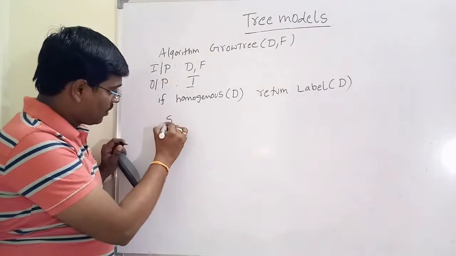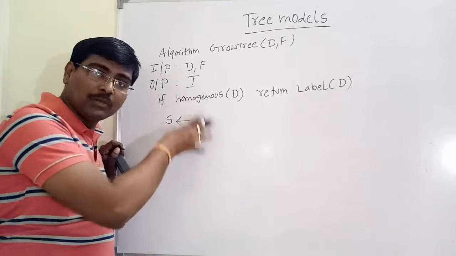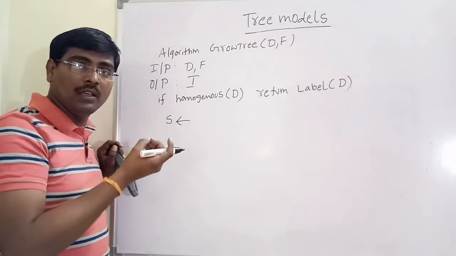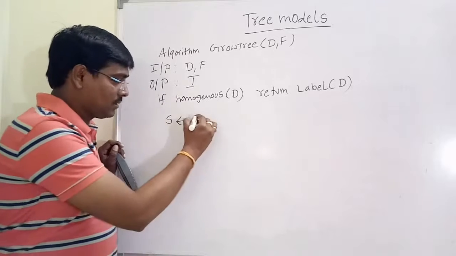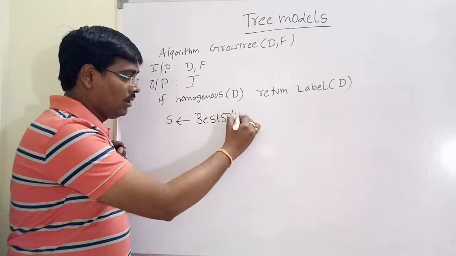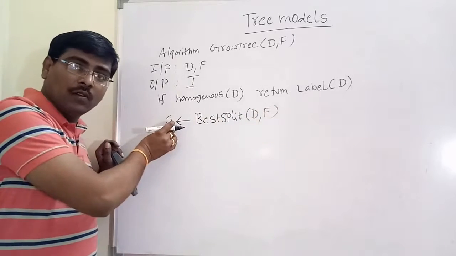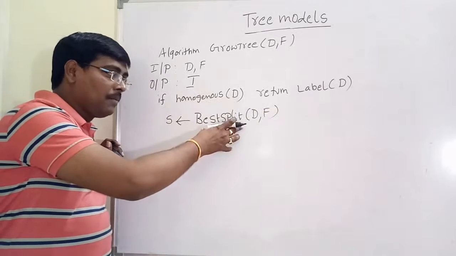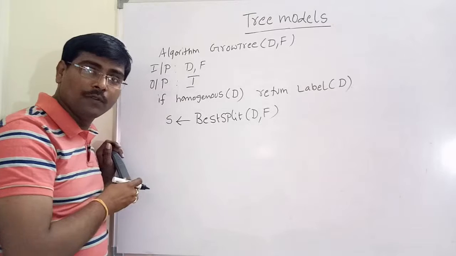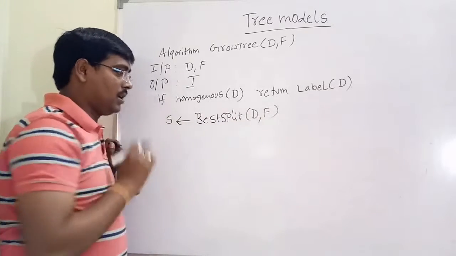Next, suppose we have different instances. We have to split the data set, that is, we have to identify the set of letters. S is the best split of D comma F. S is the set of letters obtained by applying the best split operation on the data set D with some set of features.